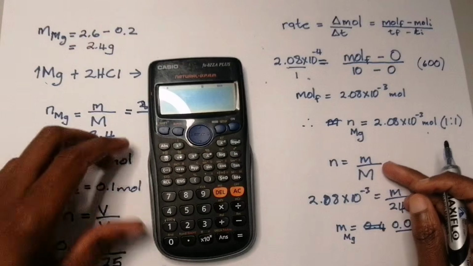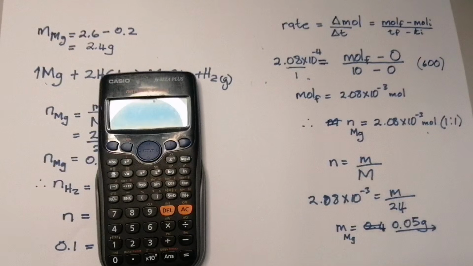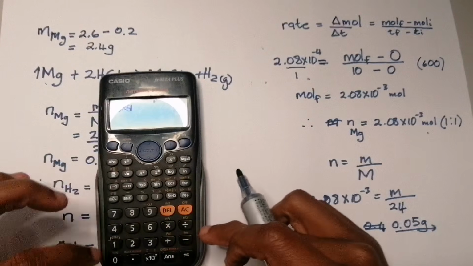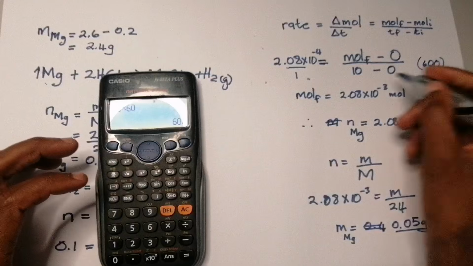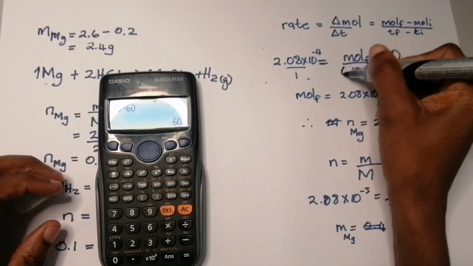Ooh, I almost made a very, very serious mistake. So we said 10 multiplied by 60, that gave us 600.